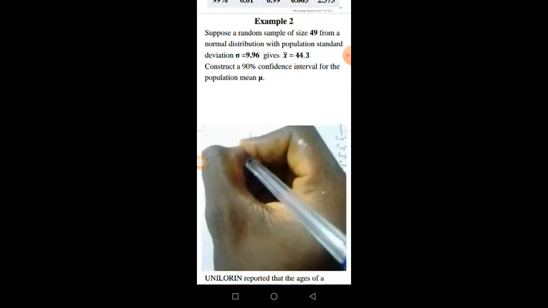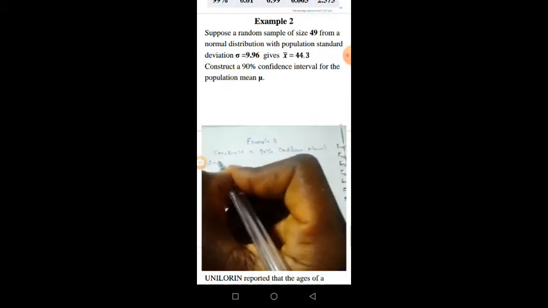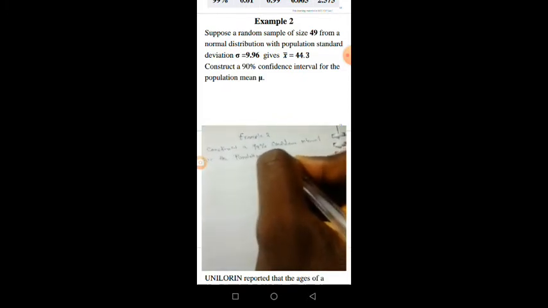The question says: construct a 90% confidence interval for the population mean. So we have to solve this.